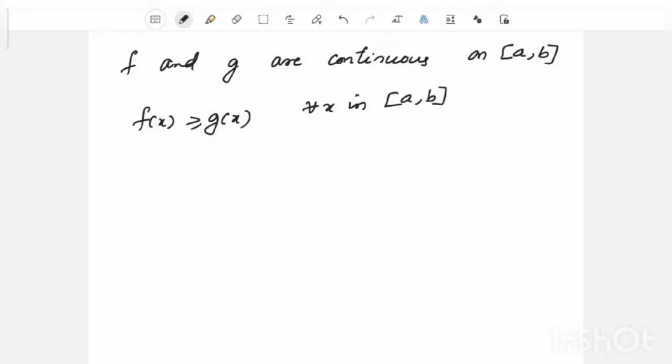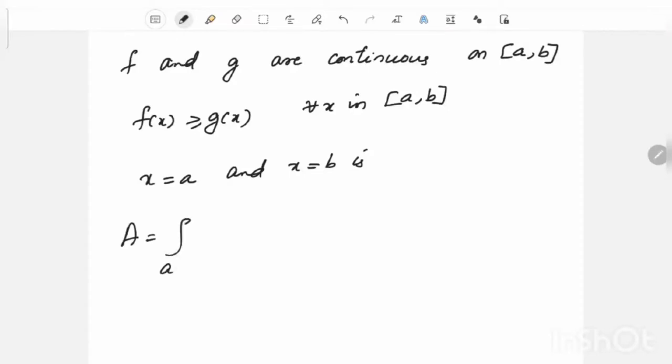That means the graph of f lies above the graph of g in this interval. Then the area of the region between the graphs of f and g and the vertical lines x equals a and x equals b is A equals integral a to b f of x minus g of x dx.